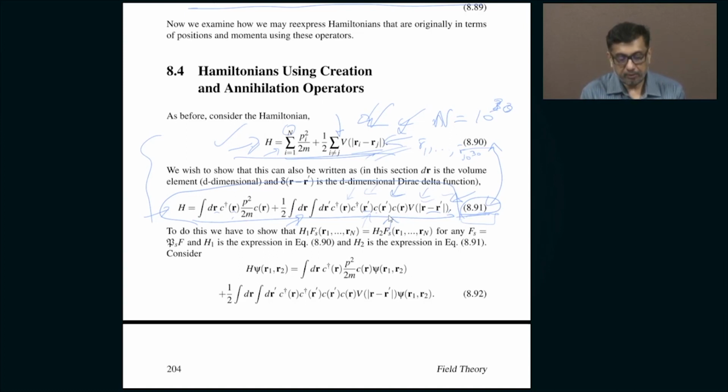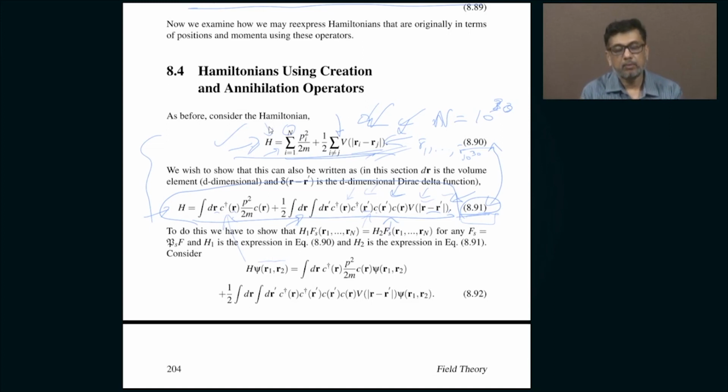So, what I want to show you is that if I act H as I have written in this way on a wave function like psi of r1 comma r2, I end up getting a final result which is the same as acting the original Hamiltonian on the wave function. So, that is an important claim that I should be able to prove.